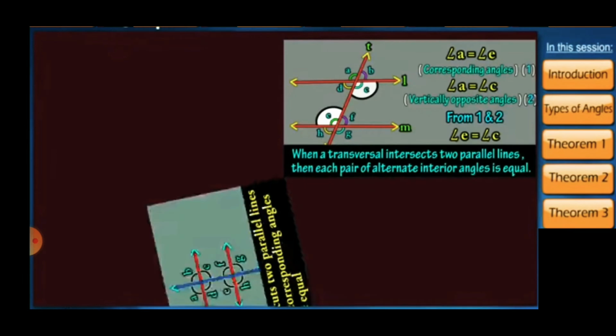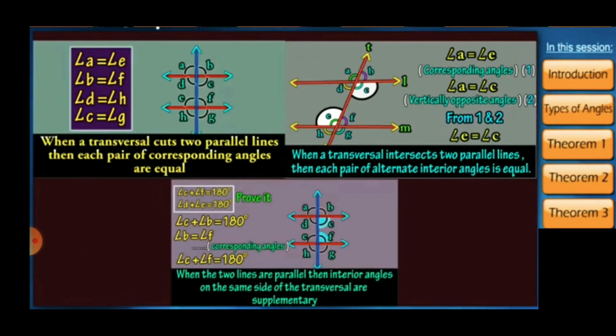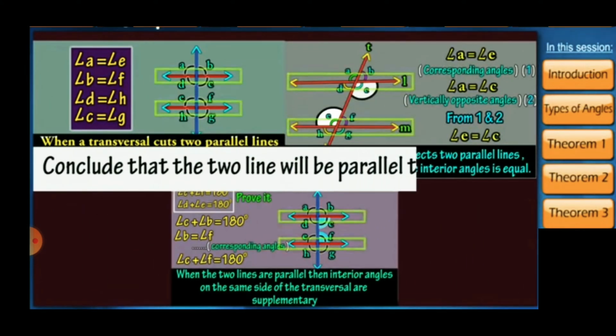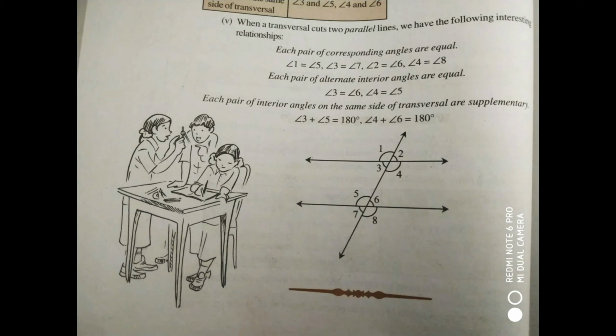And the converse of all these properties is also true, which means that if any pair of these angles is equal, the two lines will be parallel to each other. So basically, when a transversal cuts two parallel lines, we have the following relationships. First, each pair of corresponding angles is equal.